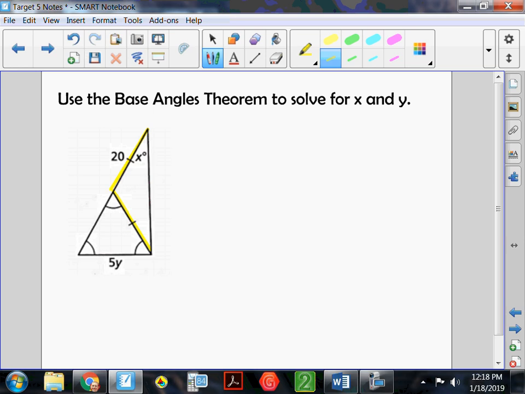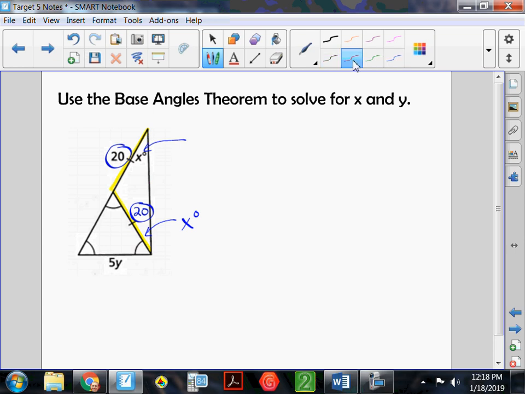So if the side that I see is marked as 20 on the top of the triangle, then this other side on the bottom left of the triangle will also be 20. That's what I know. I also know that this angle down here is going to be x because this angle up here was equal to x. So I have two sides that are the same, 20 and 20, and two angles that are the same, x and x.